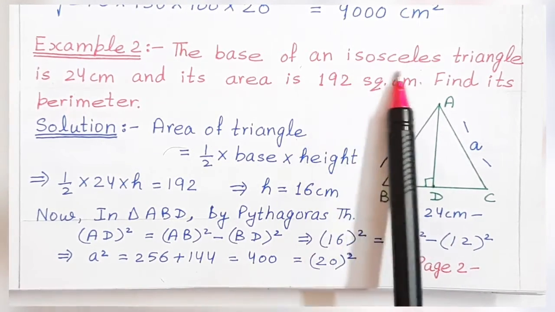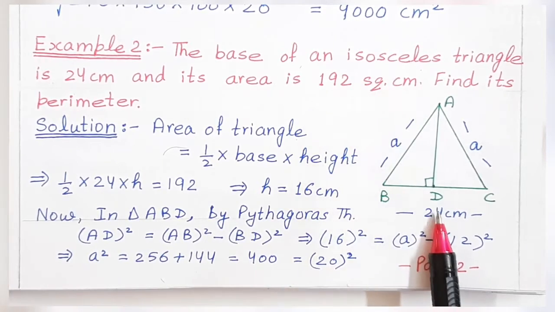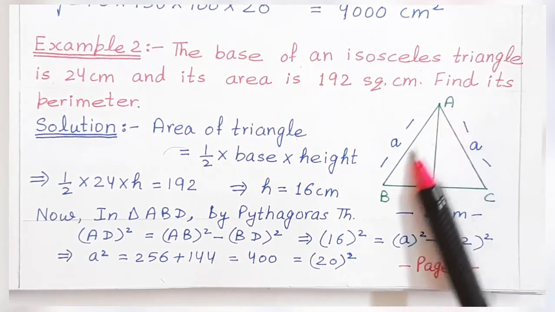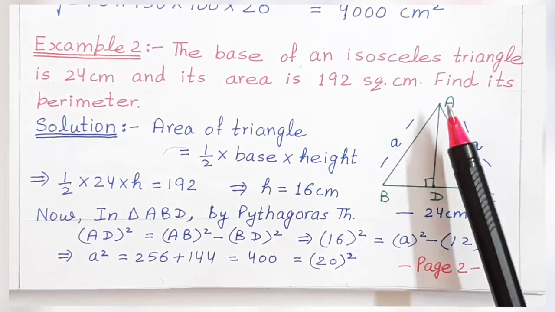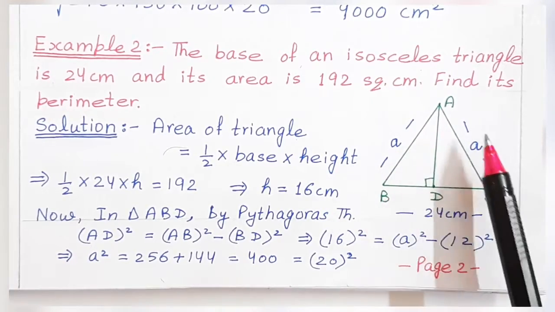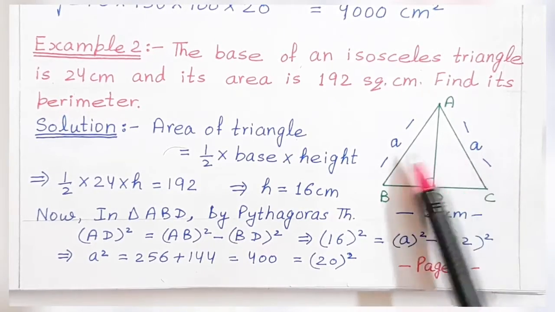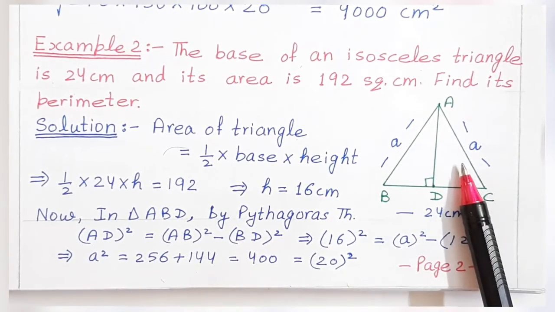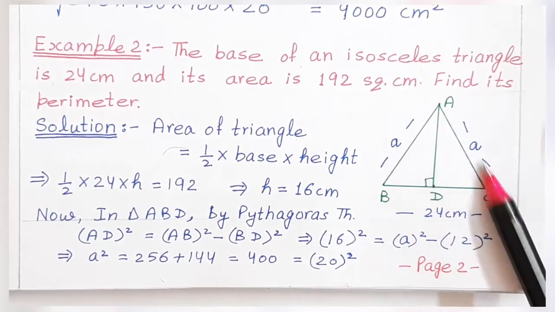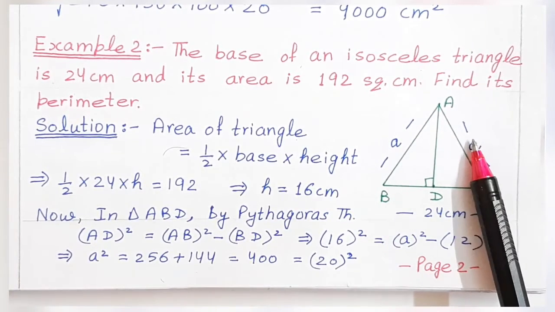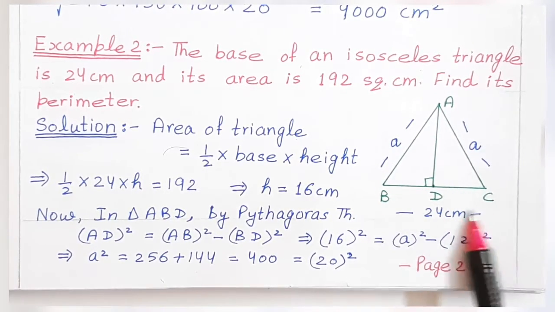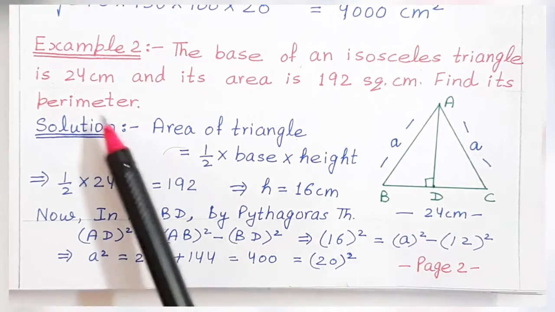Since it is an isosceles triangle, let AB be A units, and side AC is also A units. Clear? Or you can take X also. So AB and AC are the two equal sides and BC is given to us as 24 centimeter.